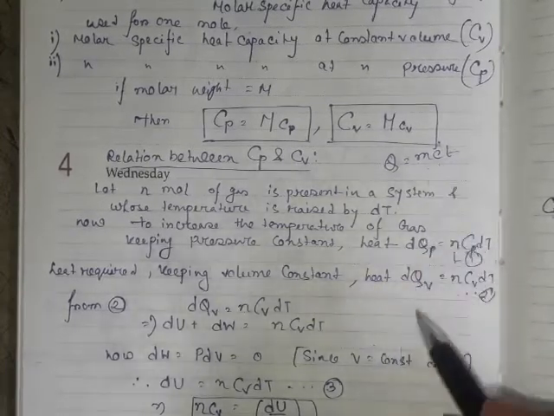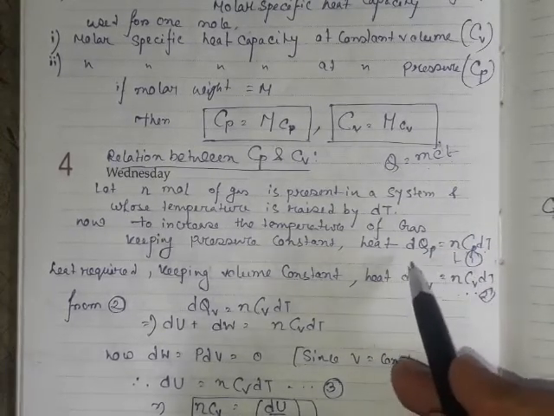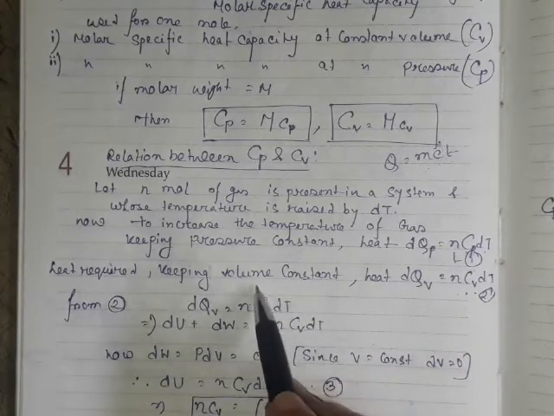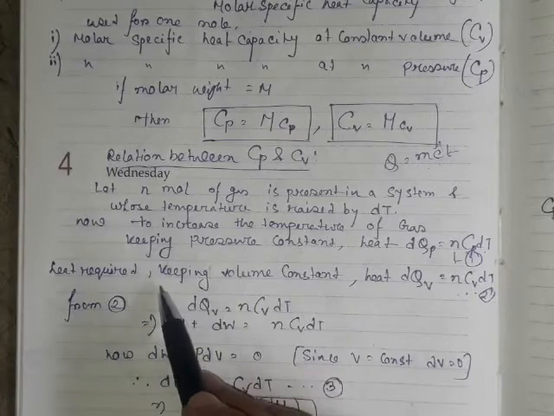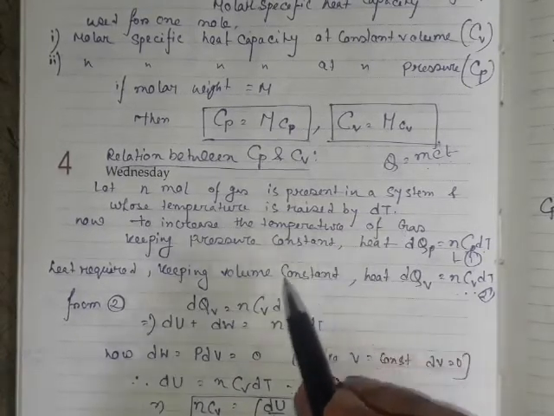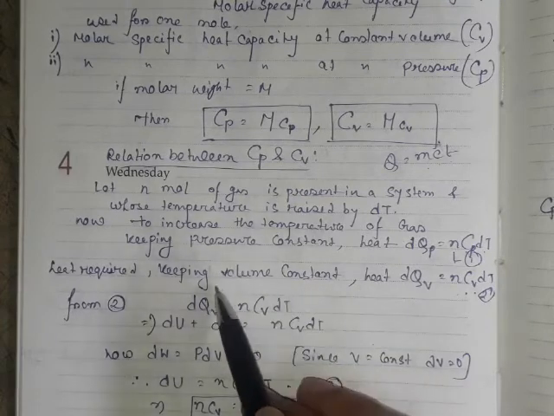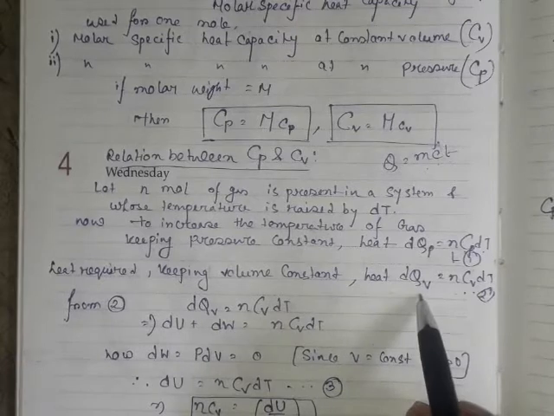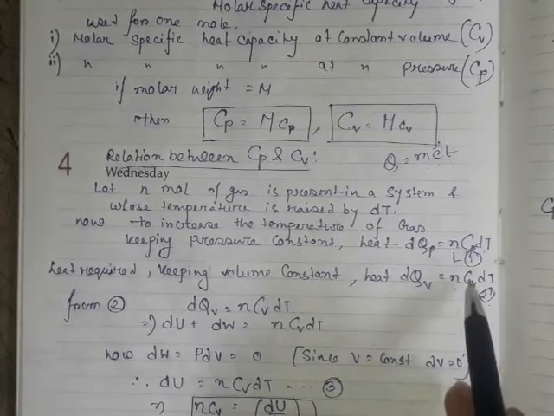Okay, so now same thing, if we want to go for a constant volume, that means we want to keep the volume constant, and we want to change the temperature by dT again of the same amount of gas, then the amount of heat required is dQv equals n Cv dT.